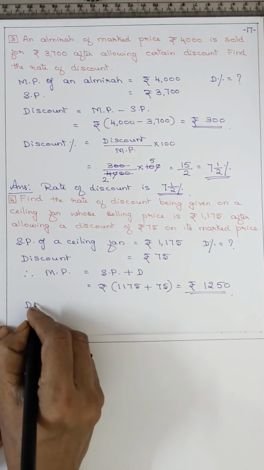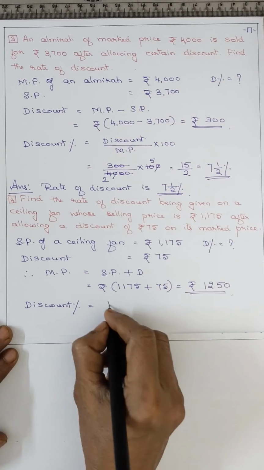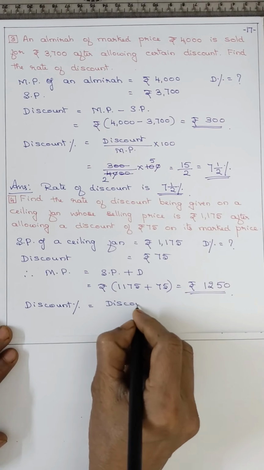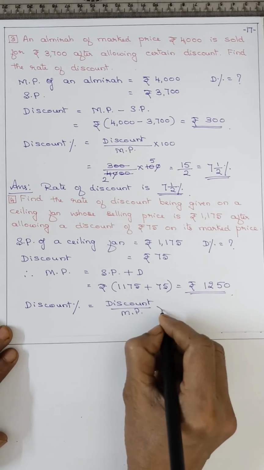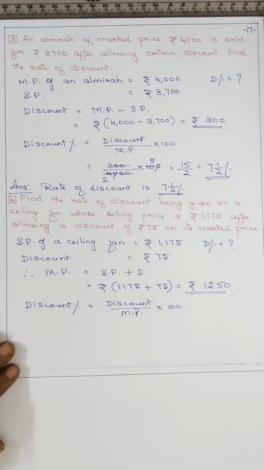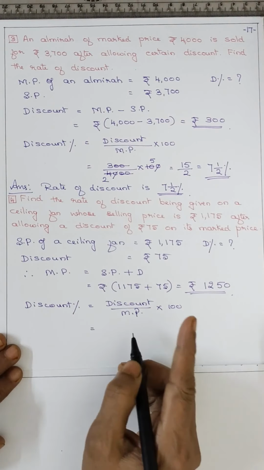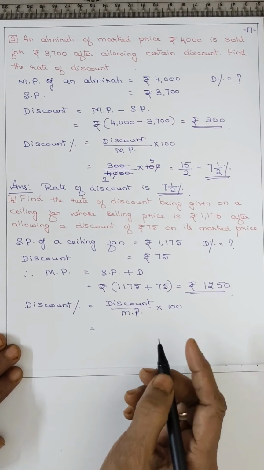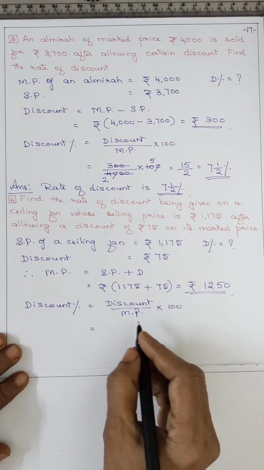Find out the discount percent is equal to discount upon MP into 100. Always remember, the discount percent is calculated on MP. When MP is not given, first find out that, then find out discount percent. Discount, how much they have given? 75.